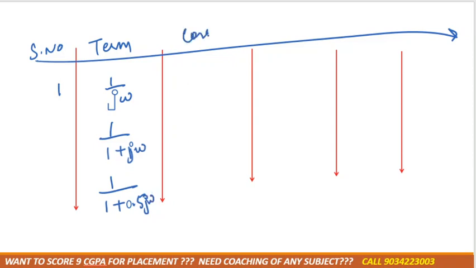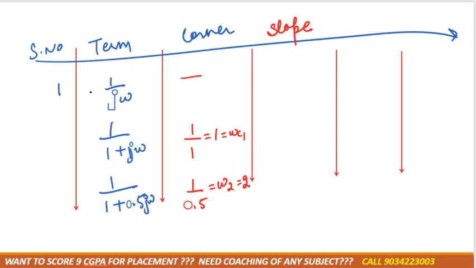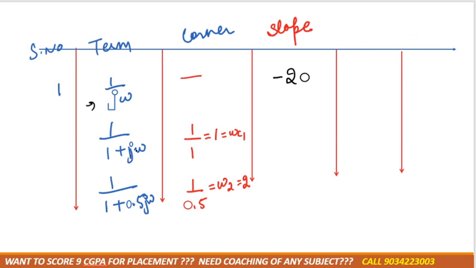So next is corner frequency. For this one no corner frequency, and for this one corner frequency is 1 by 1, so omega c1 we got as 1. For this one it would be 1 by 0.5, so omega c2 we got as 2, right? Next is the slope. As you can see, it's in the denominator, so denominator slope is minus 20. Again it's a denominator, its slope is also minus 20 and its slope is also minus 20, right?